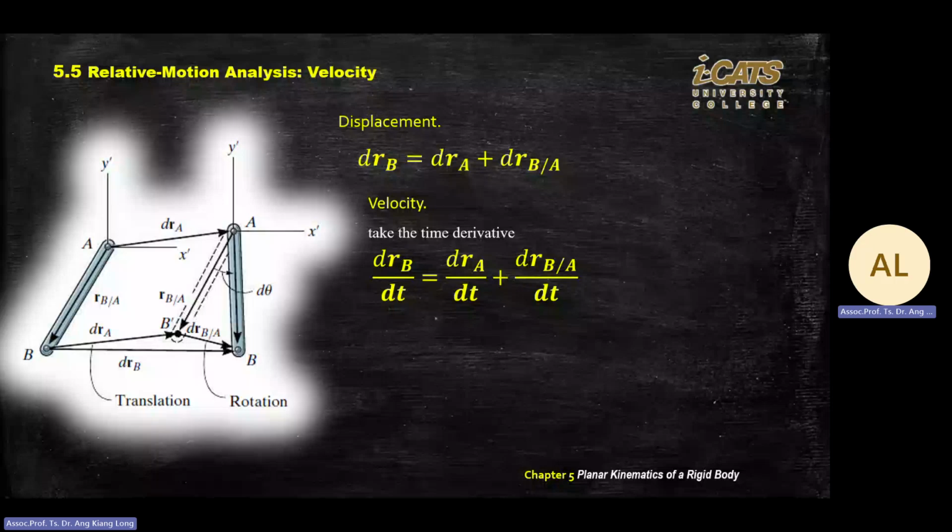Now why do we use r in this context? Because we involve rotation, and it's a rigid body question. If it's a particle, then you use s, but if it's a rigid body you cannot use s anymore.